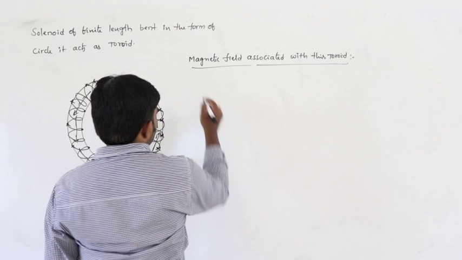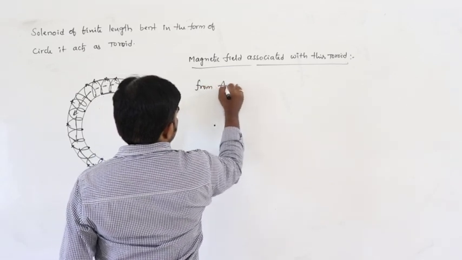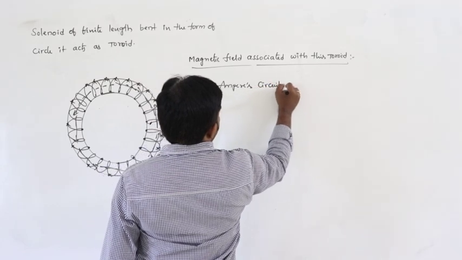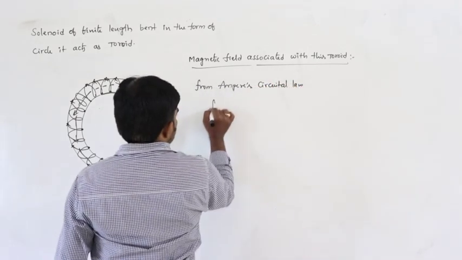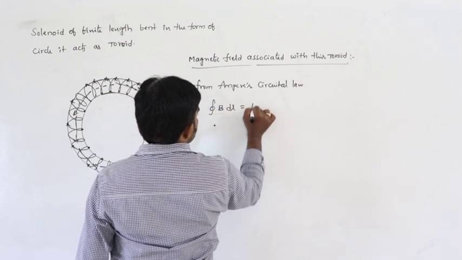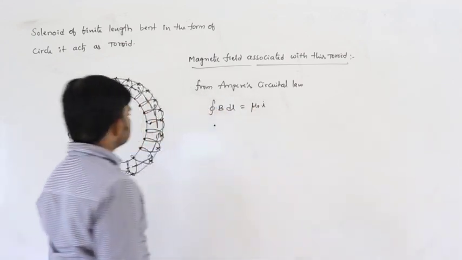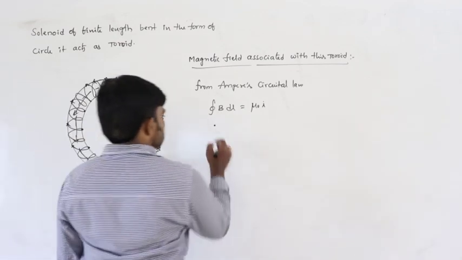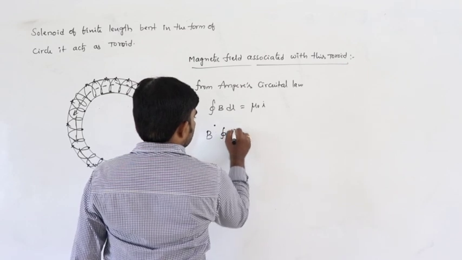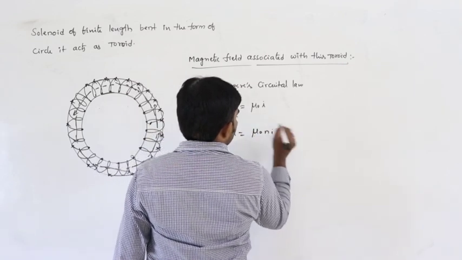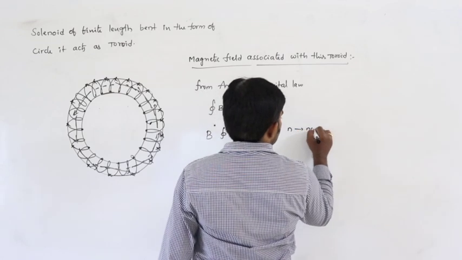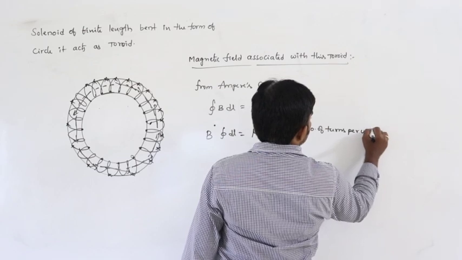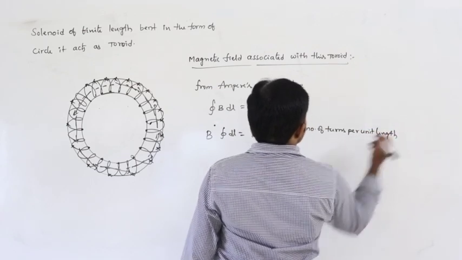From Ampere circuital law, the integral of B dot dl equals mu naught I. So B times the integral of dl equals mu naught, let us say N i, where N is the number of turns per unit length.